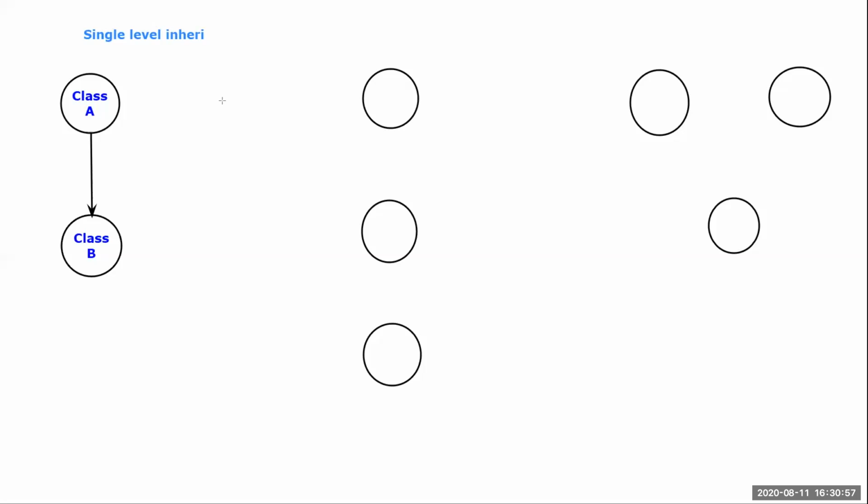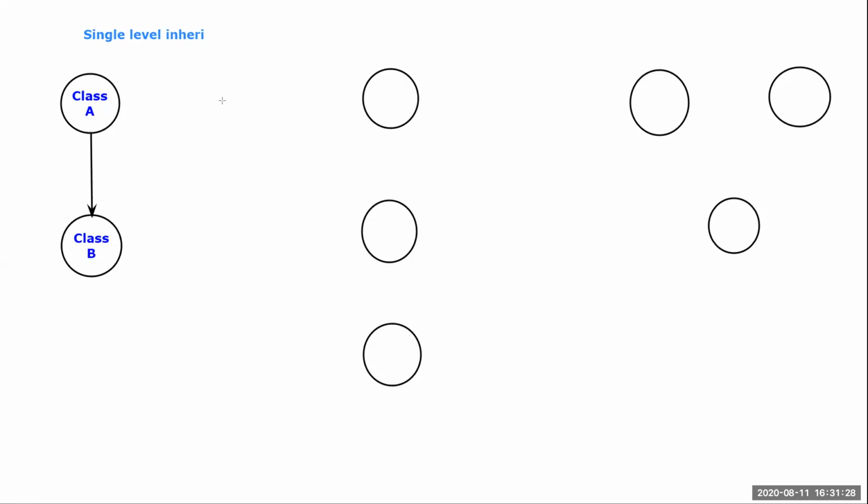So single level inheritance means we have two classes. You're going to pass class A as a parameter to class B. Now if you pass class A as a parameter to class B, you can use class A methods and attributes, and also class B methods and attributes, for a single object creation.